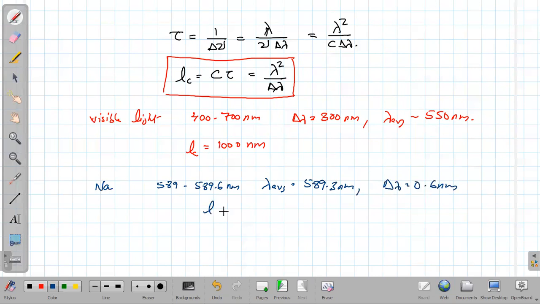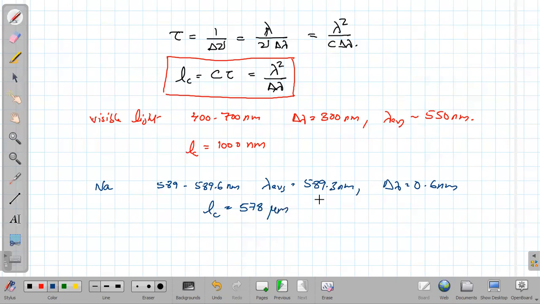We can calculate the coherence length, and here it is very large compared to visible light, because for visible light it is only 1000 nanometers, where delta lambda is 300 nanometers. Delta lambda is large. In the case of sodium, delta lambda is very small, just 0.6 nanometers, and hence the coherence length we get is in the range of 578 micrometers.